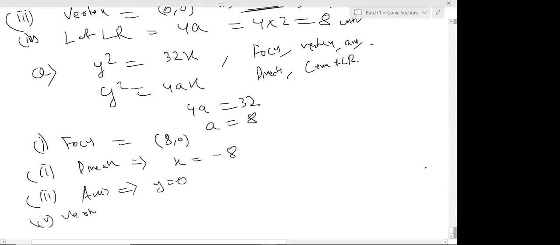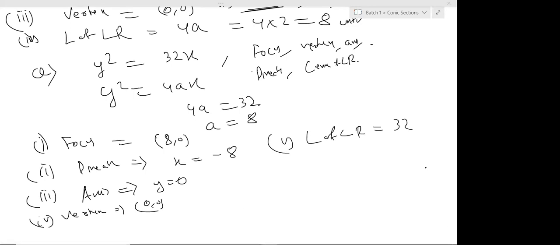Vertex is 0 comma 0. And length of latus rectum will be 4a, that is 32. All right. Gautam, is it clear? Yes, sir.